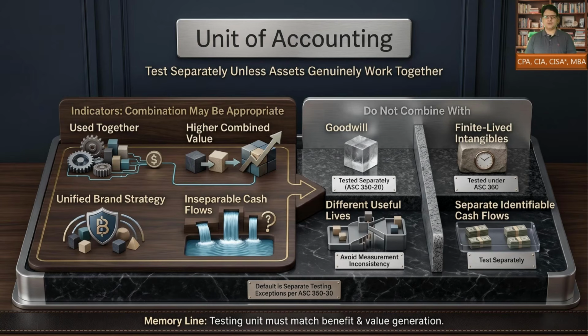But do not combine goodwill with these assets because goodwill follows ASC 350 subtopic 20. Do not combine finite lived intangibles either because they follow ASC 360 impairment logic. The testing unit must reflect how value is actually generated.